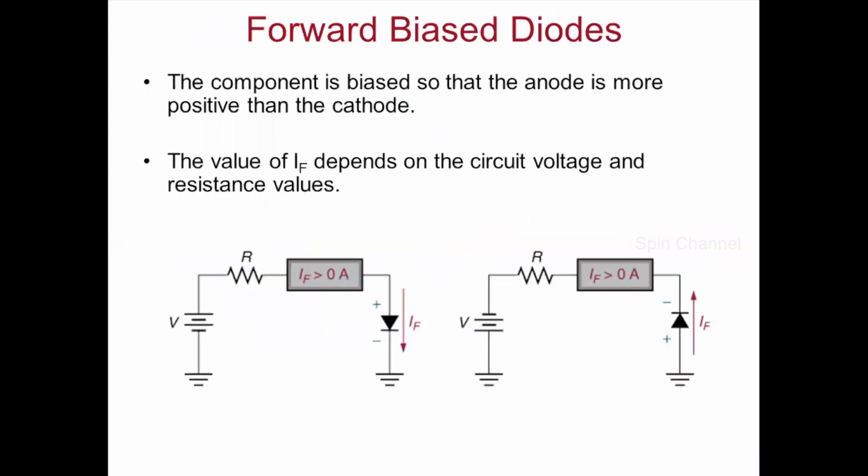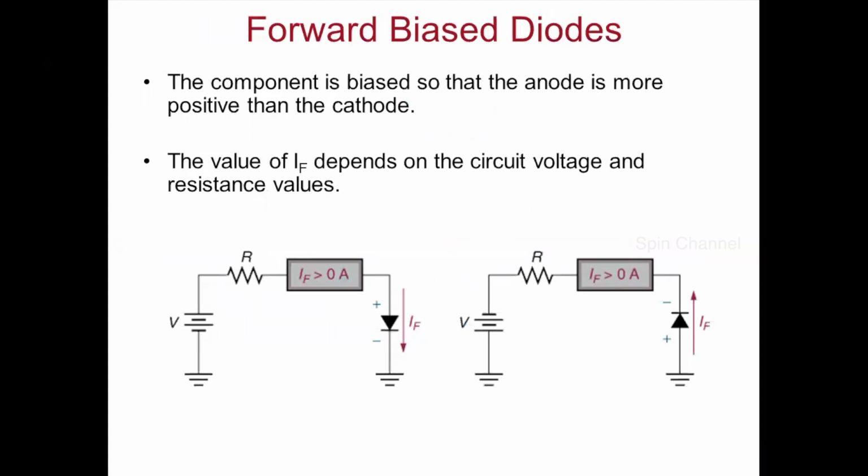So to be more specific, let us discuss how it is applicable in a circuit. Consider a circuit where a positive DC voltage is applied to the diode through a resistance R, and an ammeter is connected for your understanding. Now, when can we say a diode is forward biased? When the anode is more positive than the cathode, then the diode is said to be forward biased.